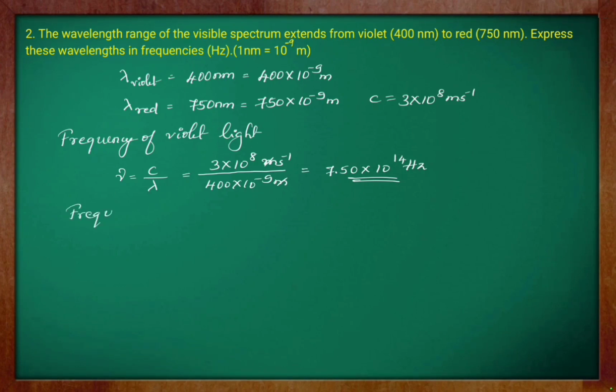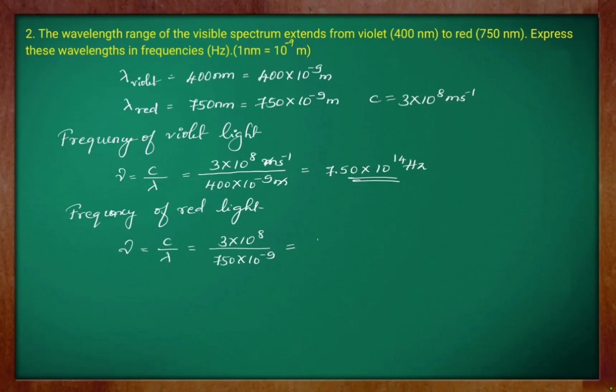Let us calculate the frequency of red light in a similar way. So we have frequency is c by lambda, it is 3 into 10 to the power 8 divided by the wavelength of red light, that is 750 into 10 to the power minus 9 meter. Upon simplification we get 4.0 into 10 to the power 14 Hertz.